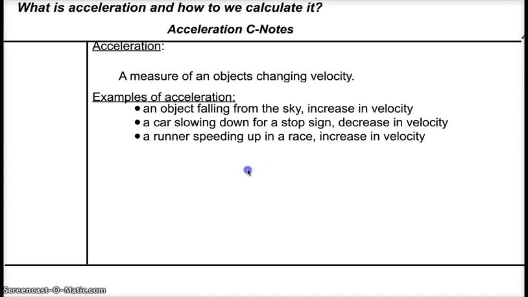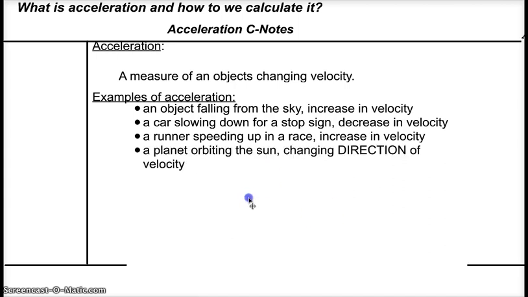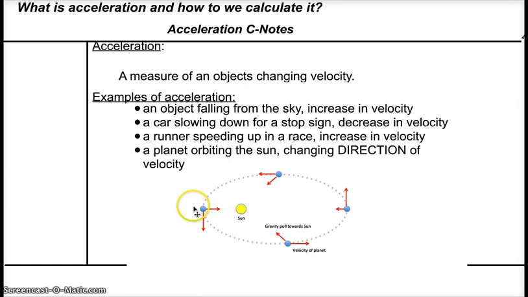Okay, and finally, our last example is where the object's speed is staying the same, but it's changing direction. And so because the direction's changing, we also have acceleration. In this case, we have a planet orbiting the sun. So in this example, we have a planet going around the sun, and this arrow is representing its velocity.